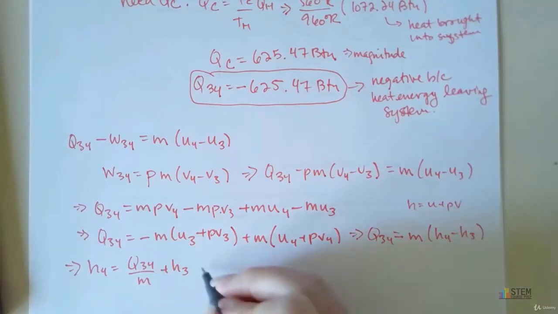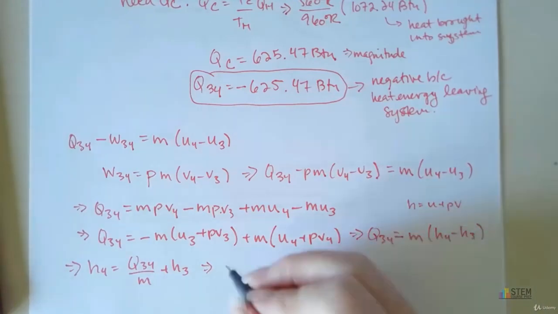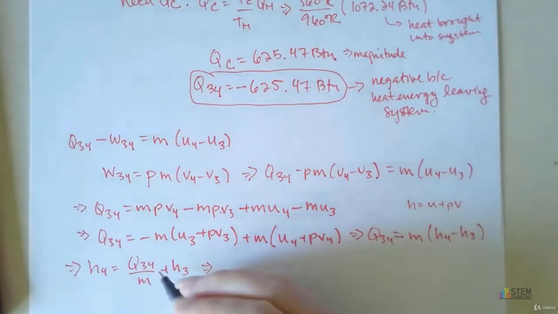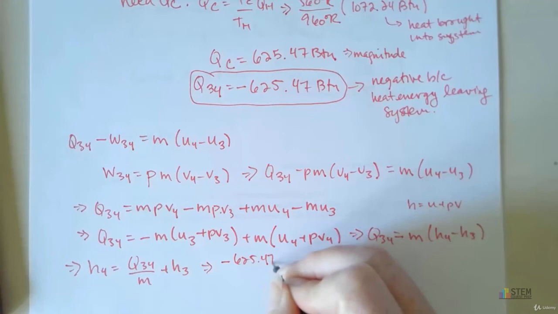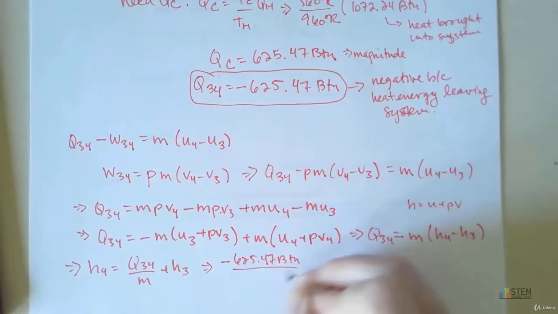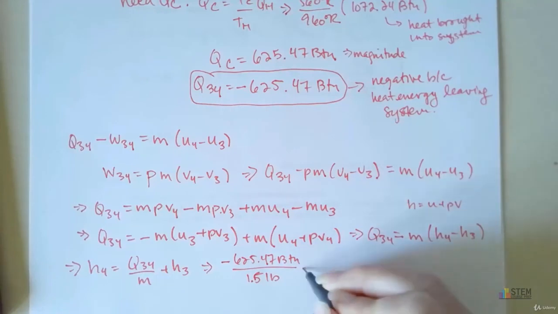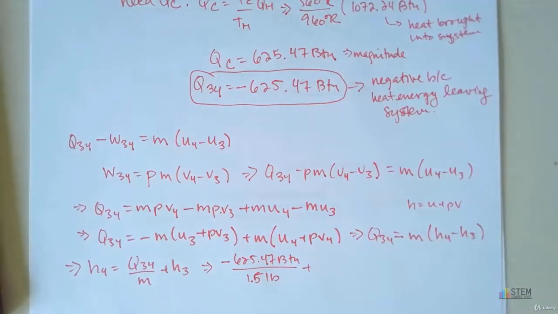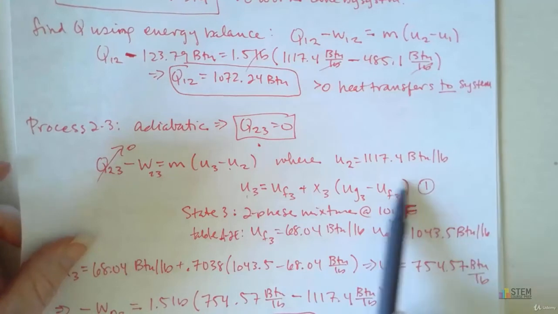So let's go ahead and plug in our numbers. For Q34, we had the negative 625.47. That was BTU. Our mass is 1.5 pounds. And then H3. You're going to have to find H3. Remember when we found, let's go back to this page, when we found U3, we used this equation.